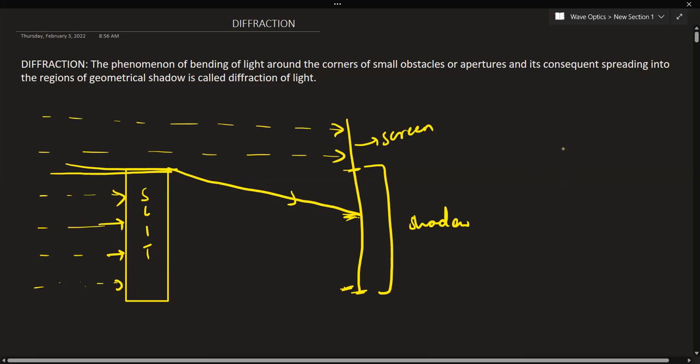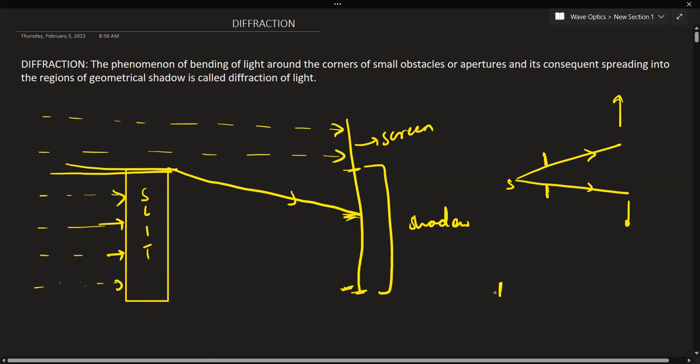Like if you take a narrow aperture like this, and there's a source of light, then what will happen? Because this is a very narrow aperture, the light rays will get bent from the corners of it, and the geometrical shadow will be here only.